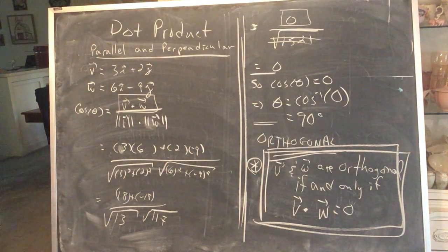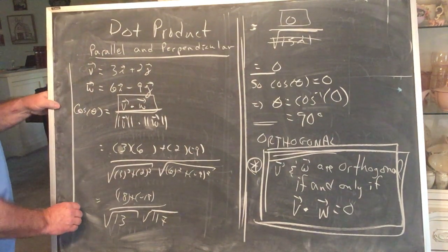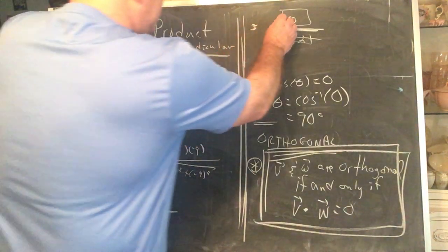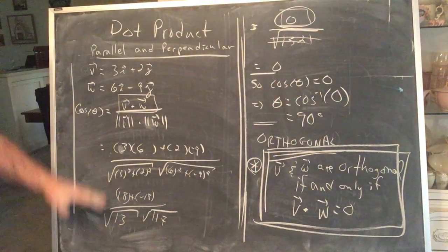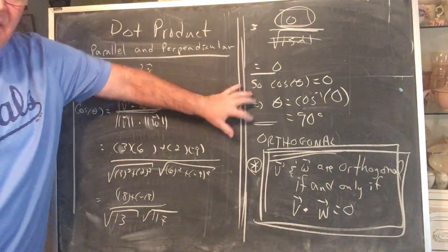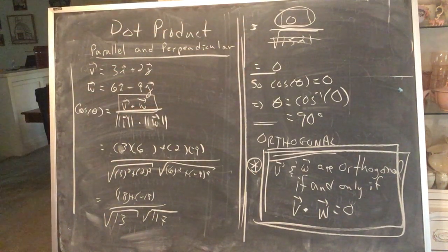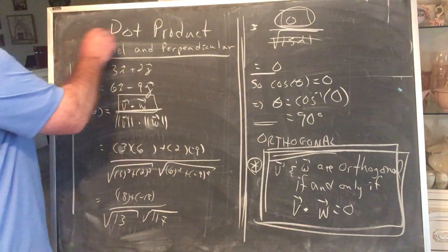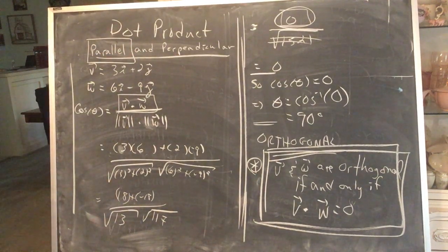Here's the upshot of that. If you're doing this computation and you find the numerator to be 0, then you may stop doing the denominator. That value is equal to 0. They are orthogonal, and that's the end of the problem. So, vectors are parallel if the angle between them is 0 or 180 degrees.